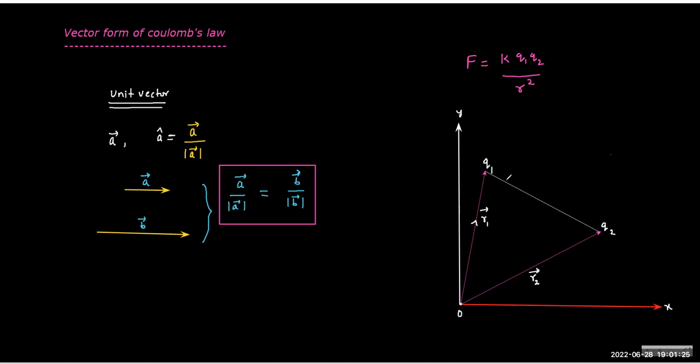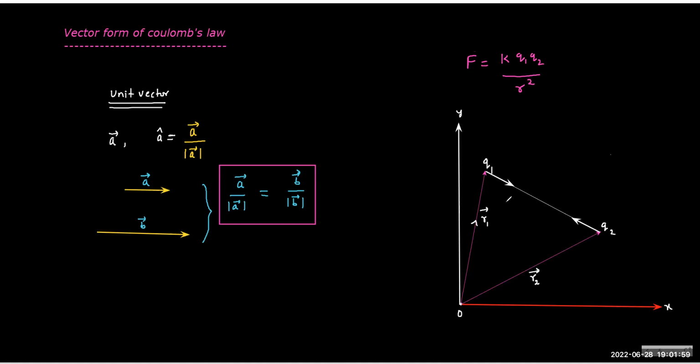So the next part is what this arrow represents. If I draw some arrow like this, what is this arrow representing? Tell me about this arrow. It represents the direction. So if I ask Q1, where is Q2?